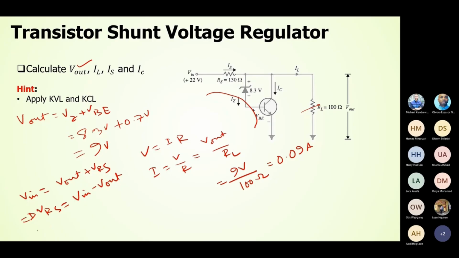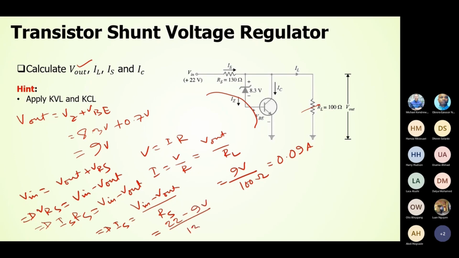Now we know that VRS equals IS RS, so IS equals V in minus V out over RS. Our V in is 22 volt, our V out is 9 volt, our RS is 130 ohm. You can find the value.